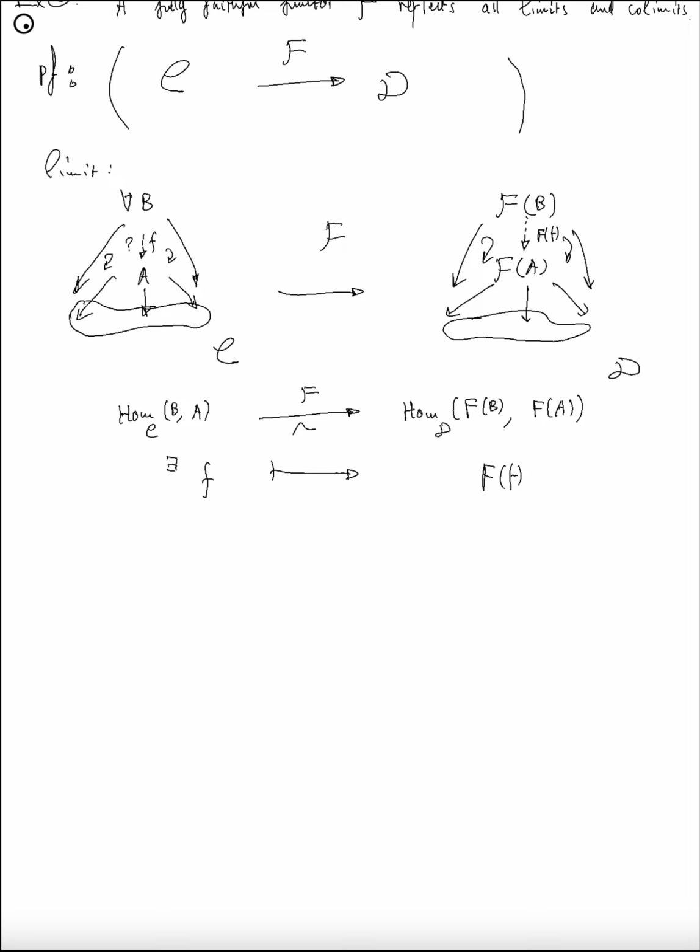Check what? Check firstly the first diagram. Let's say this is some object C here, and so this maps to F of C. Suppose you have a commutative diagram on this right-hand side, like this.